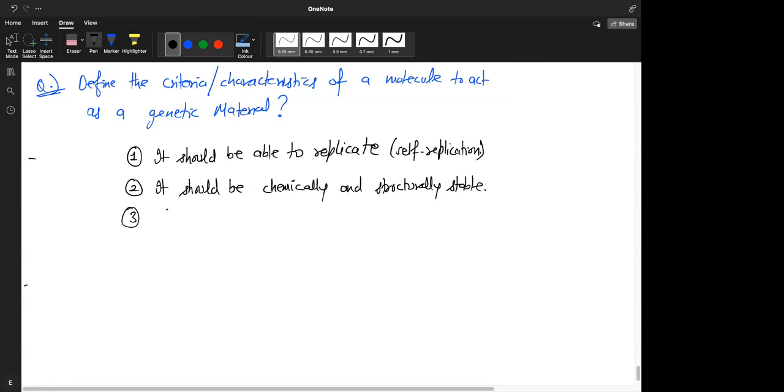If an organism will not evolve, it will not be able to cope up with the changing climate. Yes? So the third important thing is that it should be able to allow slow changes, which we also call mutations, which are essential for evolution.